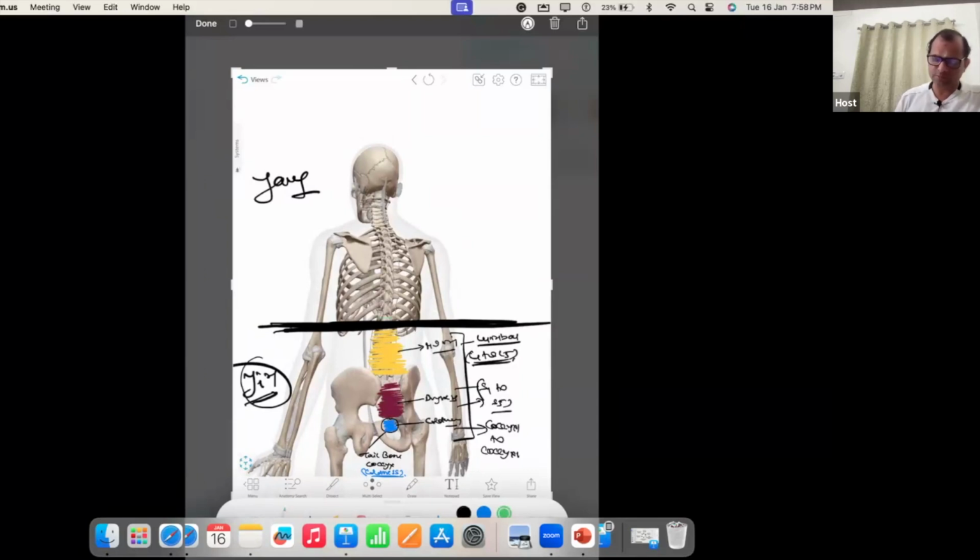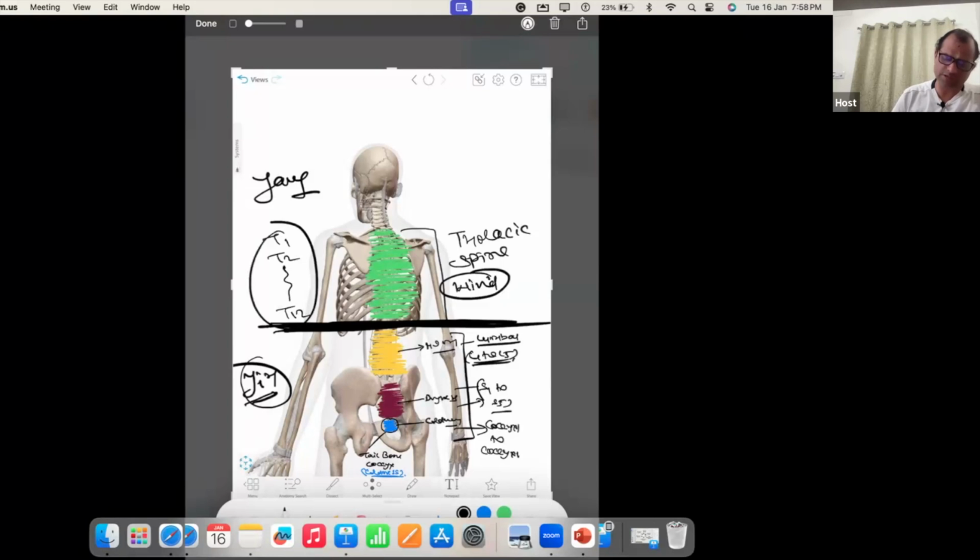So this is the wind. We know that yang is wind. So entire thoracic spine will be wind. In the thoracic spine we have T1, T2 to T12.